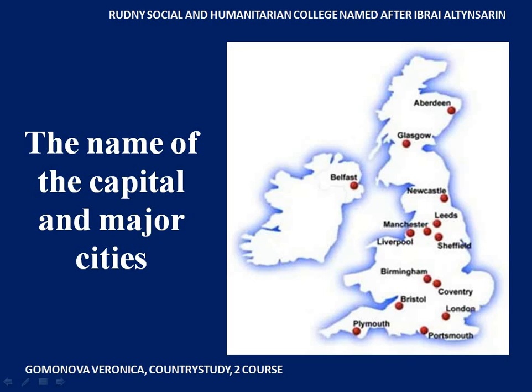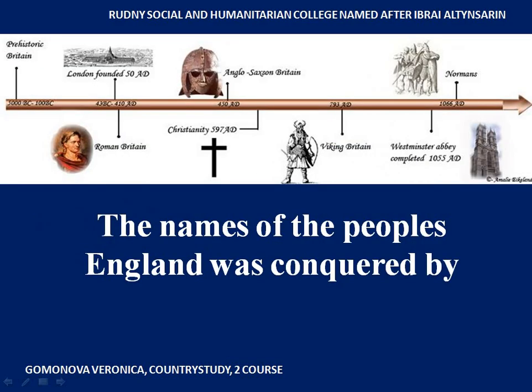So the capital city of England is London, and the major cities are Liverpool, Manchester, Newcastle, Birmingham, and many others. What are the names of the peoples England was conquered by? England was conquered by the Romans, the Anglo-Saxons, the Danes or Vikings, and the Normans.